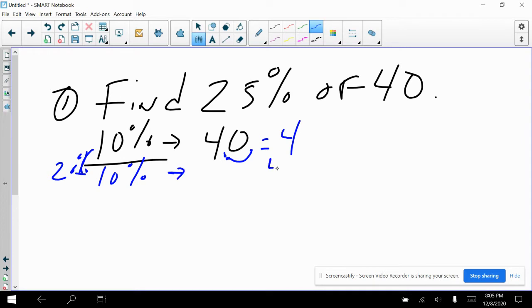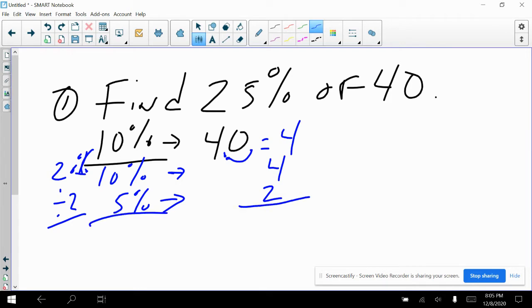Okay, that's another 4. All right, but we need to get 25%. Okay, and again, if you remember in our lesson before, if we already know what 10% is, if we want to find 5%, we're going to divide that by 2. Okay, so if we take 4 and divide it by 2, that's going to give us 2.